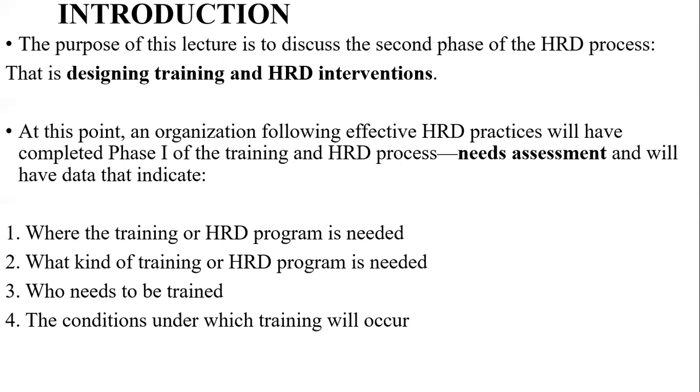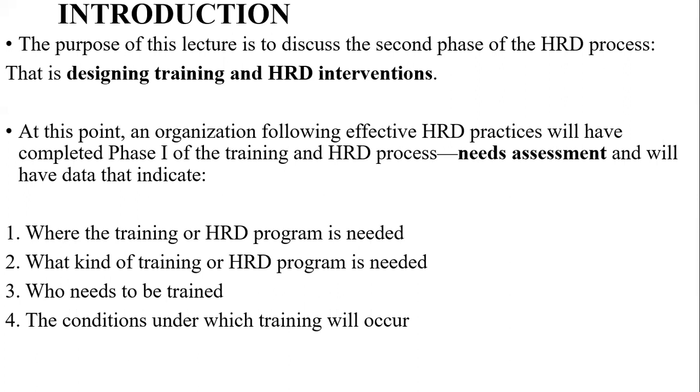And lastly, the conditions under which training should occur. And these conditions are pretty much important because by the end of the training, we expect that the trainees should be able to transfer whatever they learned under the intervention onto their job.